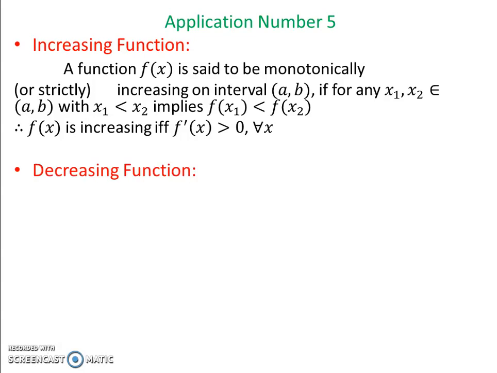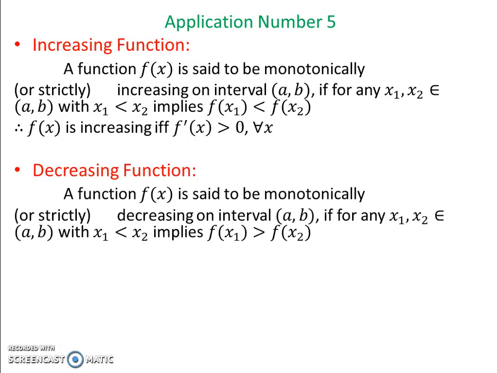Similarly, the next definition is decreasing function. A function f of x is said to be monotonically decreasing on interval ab if for any x1, x2 belonging to ab with x1 less than x2 implies f of x1 greater than f of x2.